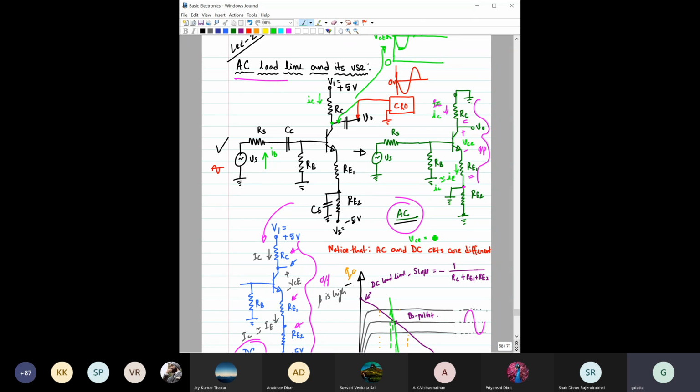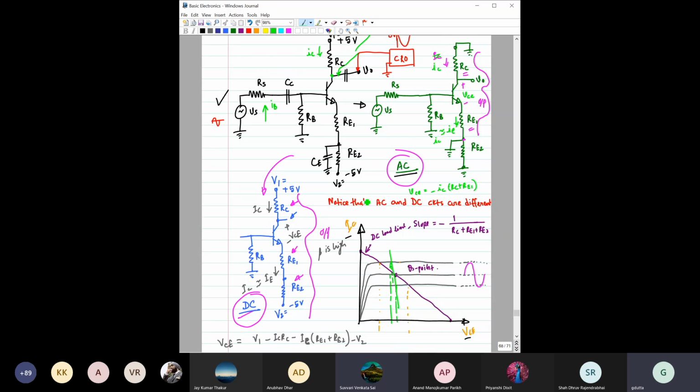Please tell me. What would be the KVL along this loop? Minus ICRC minus IC times RE1, isn't it?